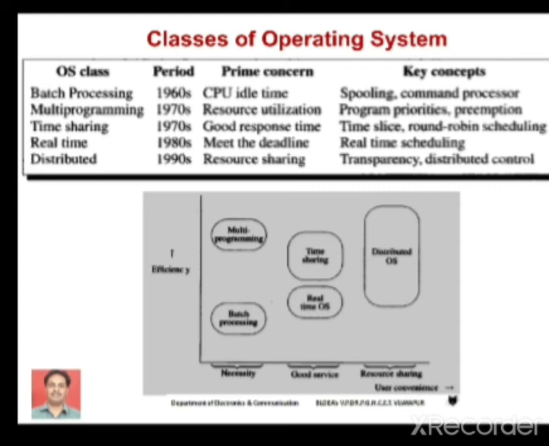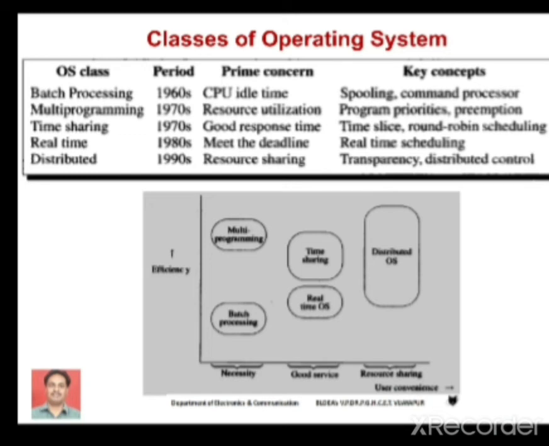To do so, they used two important key concepts called spooling and command processing. The goal was to utilize the CPU time effectively. A batch is a group of programs having similar requirements.